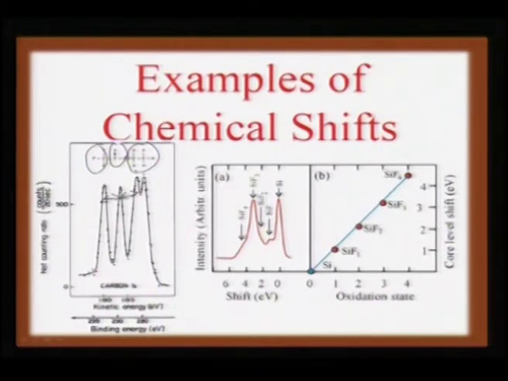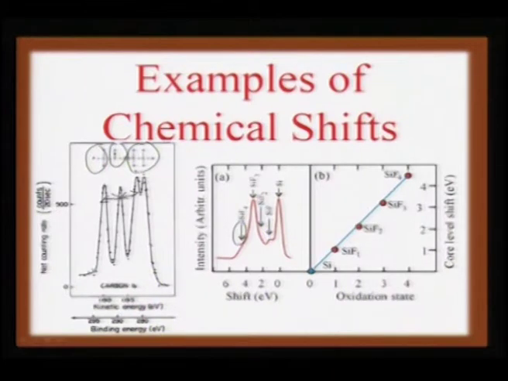Similarly, if you take a spectrum of silicon in comparison with silicon fluorides of different fluorine substitutions, SiF, SiF2, SiF3, SiF4, then you can clearly see the silicon spectrum gives different features, and this is what we call a satellite feature.